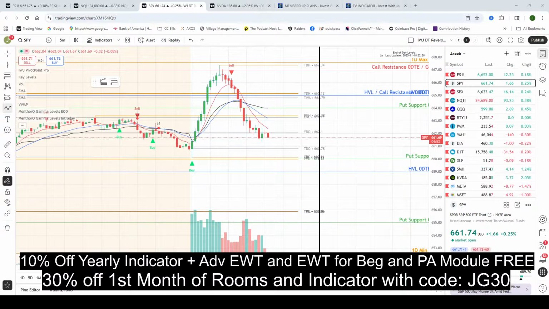This 15 is kind of flat, but it's been consistently falling since about 7:15. Volume has been consistently falling since 7:15 as well. So the bears are trying to do their jobs and sell. The buying volume was higher than the selling volume. So that's something to keep an eye on, but it also tells you the sellers didn't have to work that hard to bring it back down here.